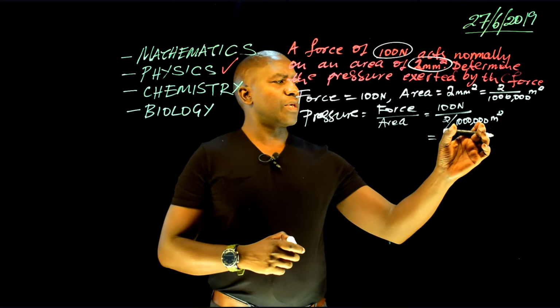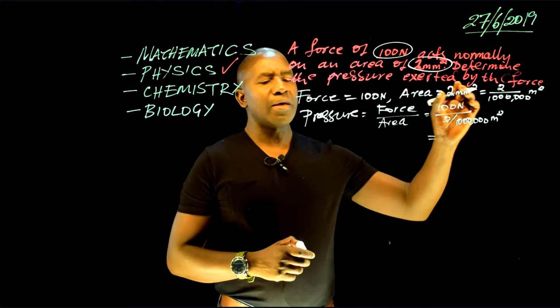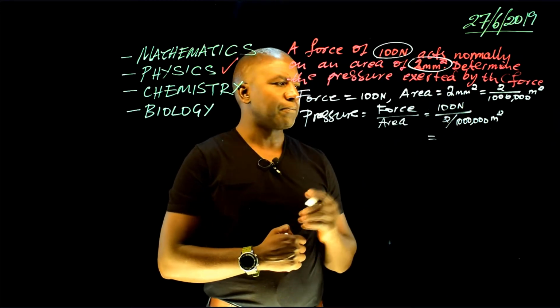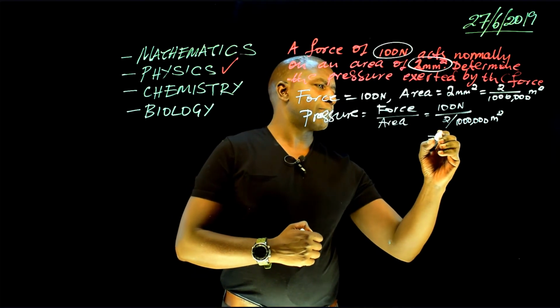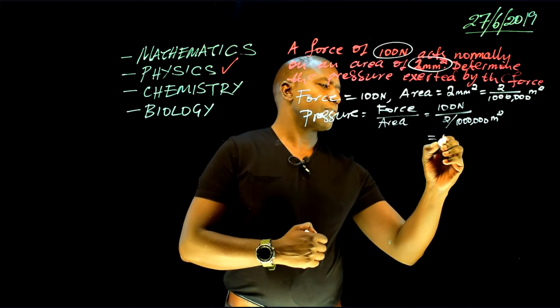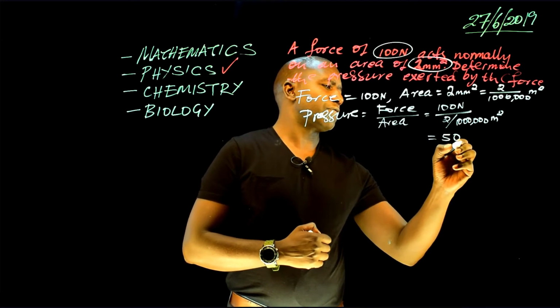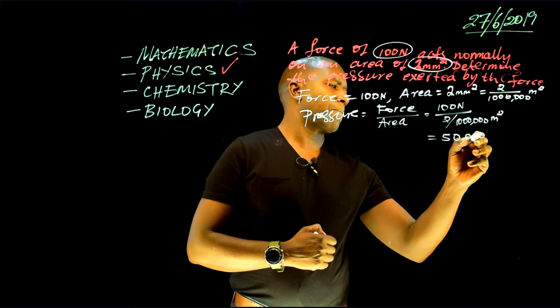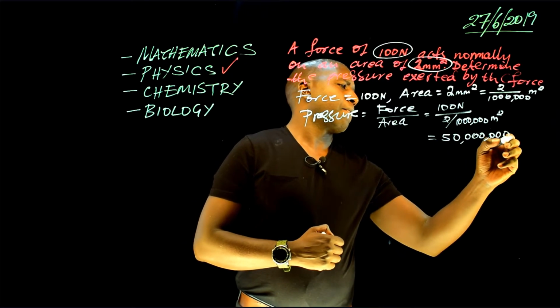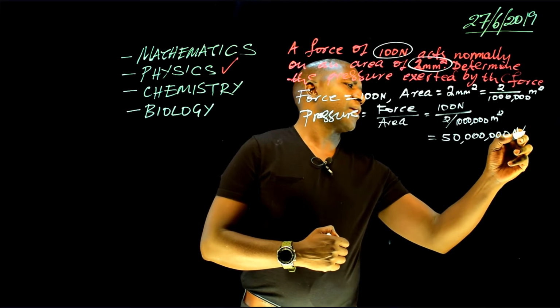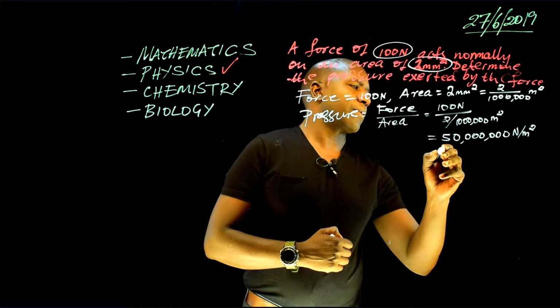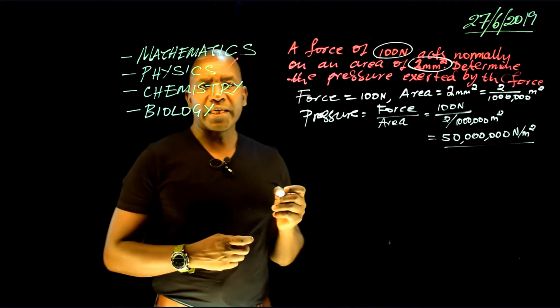And then we can multiply by 1 million, and that will be, is it 50 million newtons per meter squared. A calculation like that one.